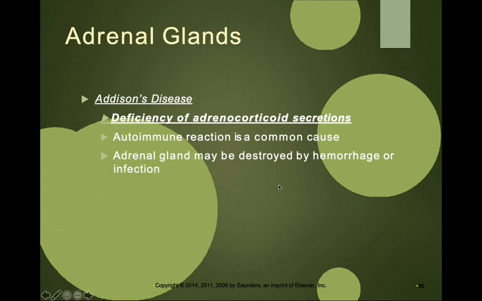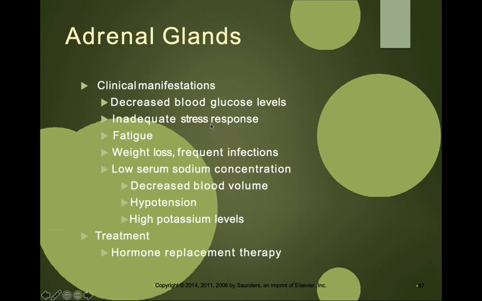Now with Addison's, this is the opposite. This is where you have deficiency of the adrenocorticoid secretions. This could be an autoimmune reaction, which is quite common. The adrenal gland may be destroyed by hemorrhage as well, or some sort of infection. Either way, decreased adrenocorticotrophic hormone.